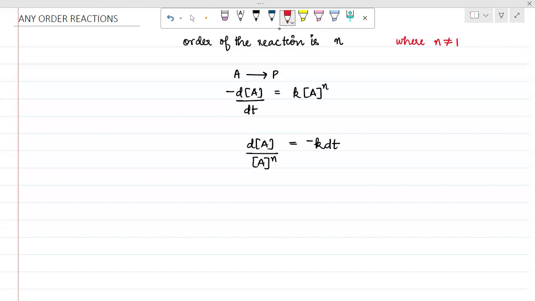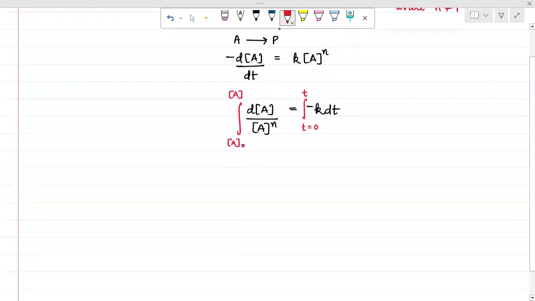Now I can integrate, from t equal to 0 to t. When the time is the initial time t equal to 0, our concentration will be A naught, and our final concentration will be A. Now we need to integrate this.